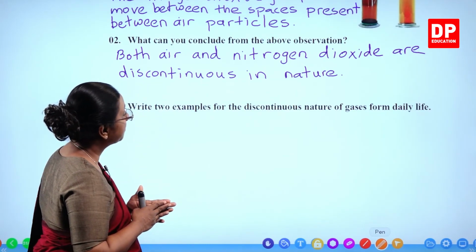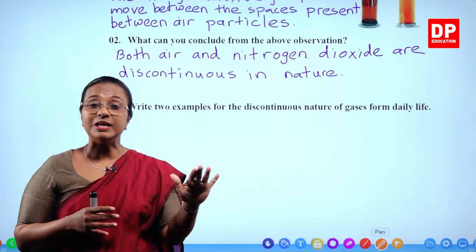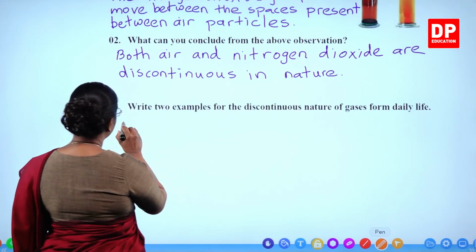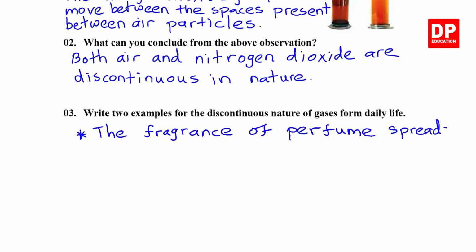So write 2 examples for the discontinuous nature of gases. Now here, both have to be gases. So that is what I am going to write. 1. The fragrance of perfume spreads through air.